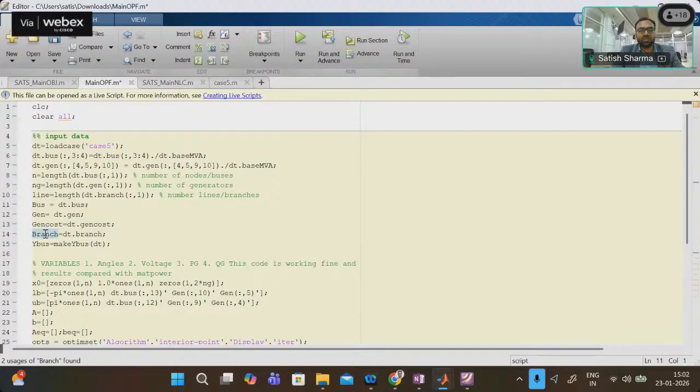So next time onwards, instead of dt dot bus, I will use this Bus variable, and in MATLAB, small bus and capital Bus are both different. So you can see these are the 4 assignments I did just for ease of programming.